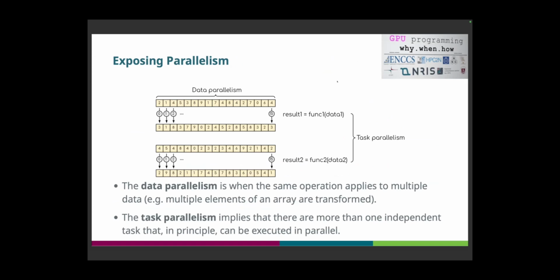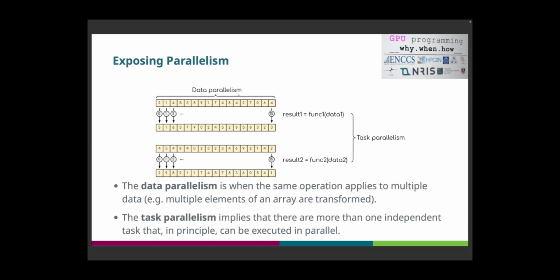One of them is data parallelism, in which, let's say we have an array, data 1, and we want to apply on each element of this array the same operation, which is called func1. Here we have another array which does the same. So this kind of parallelism is the one that fits the GPUs.